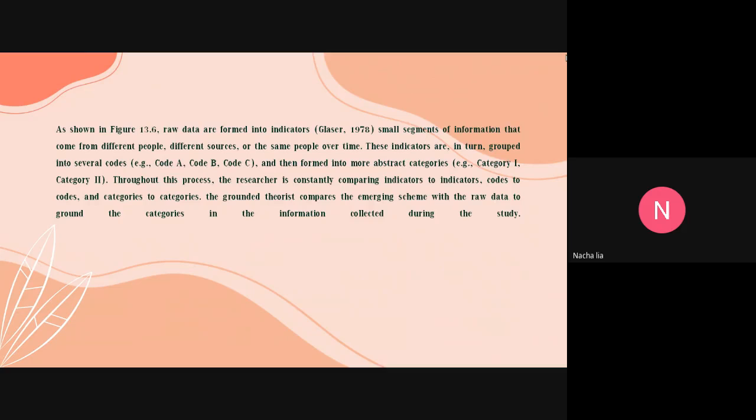These indicators are in turn grouped into several codes, like code A, code B, code C, and then formed into more abstract categories like category 1 and category 2. Throughout this process, the researcher is constantly comparing indicators to indicators, codes to codes, and categories to categories. The grounded theorist compares the emerging scheme with the raw data to ground the categories in the information collected during the study.